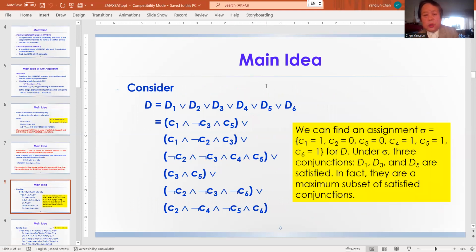As an example, let's have a look at this simple logical formula, but in the disjunctive normal form.